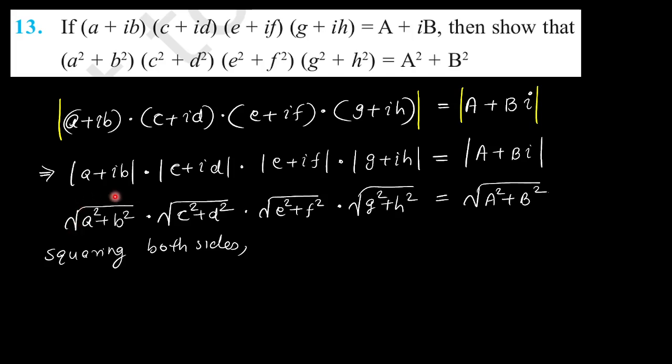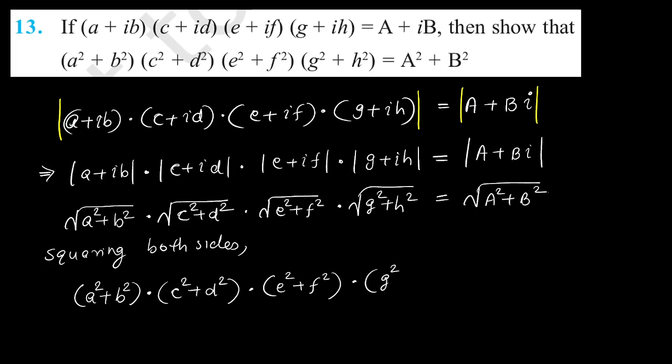The square of a square root is removed when you square it. If you square the first term, the square root is removed, into the square of the second, the square root is removed. In this way, if there is a product, you can take the separate square of each term. The square root will be removed if you square it.